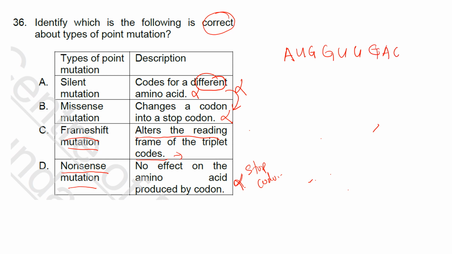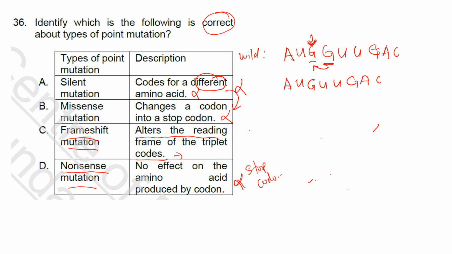This is the wild type, the original mRNA sequence. If a mutation occurs in the DNA sequence and deletes this G base, deletion occurs, so the mRNA is read as AUG. This G will be shifted to here, UUGAC.